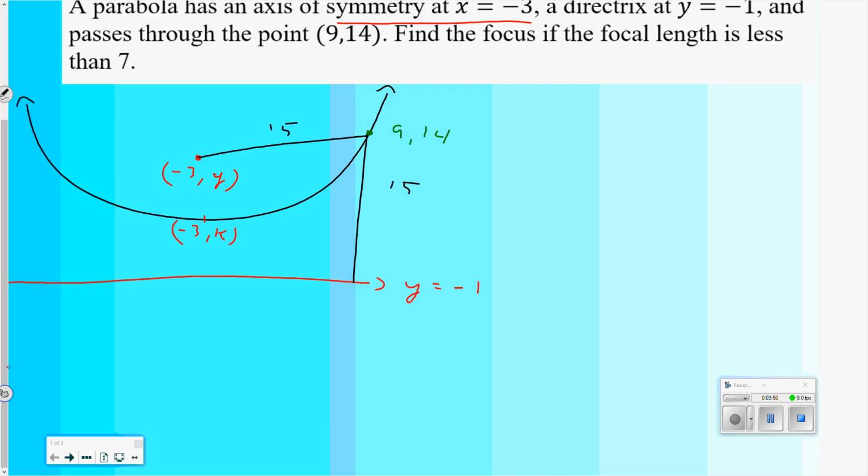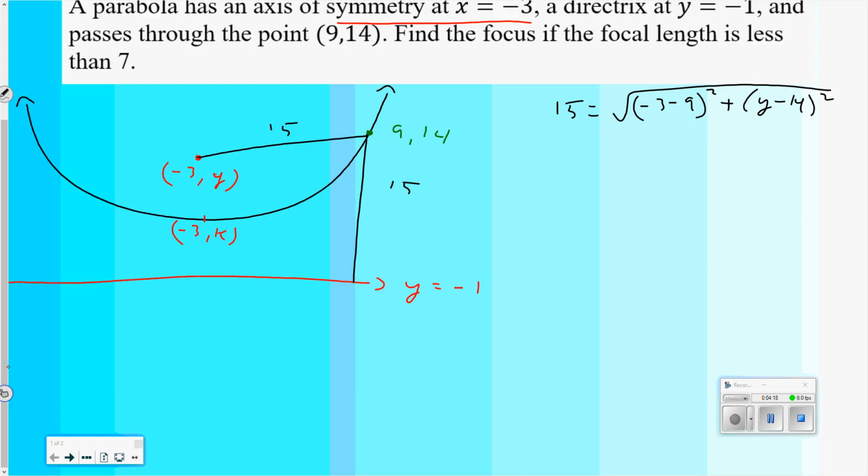So from here, we're going to use the distance formula. We can say 15 is going to equal the square root of (-3 - 9) squared plus (y - 14) squared. It doesn't matter the order of which one you use, just make sure you stay consistent with it. If I use the focus minus the other point, make sure you do that for both the x's and the y's. If you did the point minus the focus, same thing, just make sure you stay consistent.